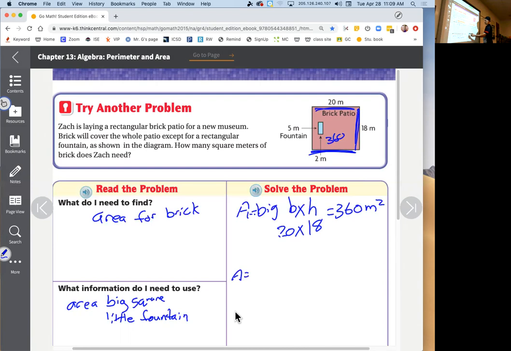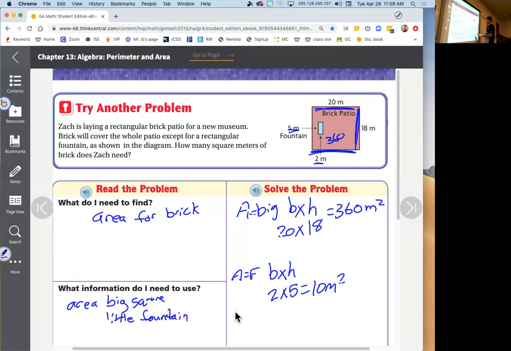The area of the fountain is also base times height. What is the base? The base is 2 times the height, which is 5. So what do you get? You get 10 meters squared. So now what do we do?